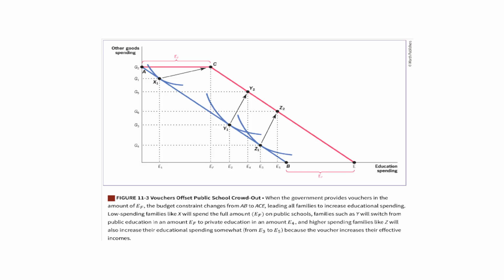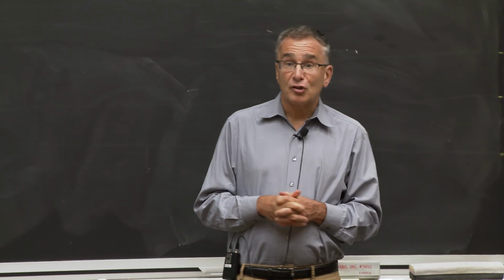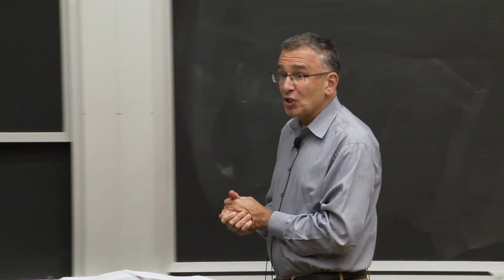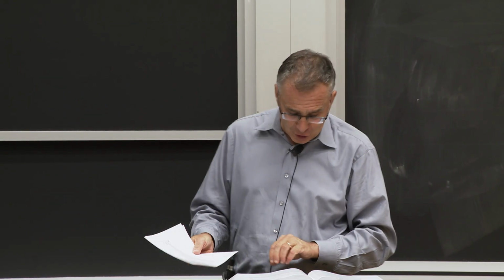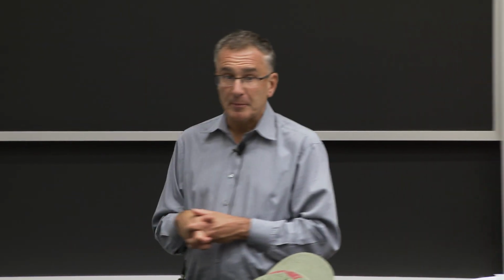But now person Y also gets more education, and person Z gets more education. So now you unambiguously increase educational attainment. So relative to a simple, limited public education system, by giving a voucher, you can unambiguously increase educational attainment.